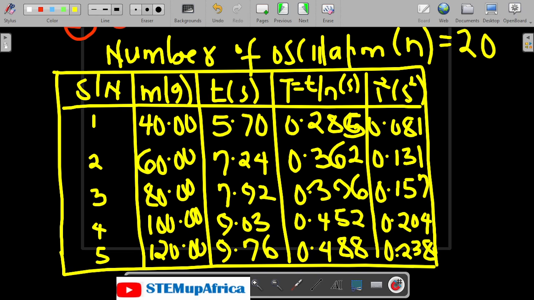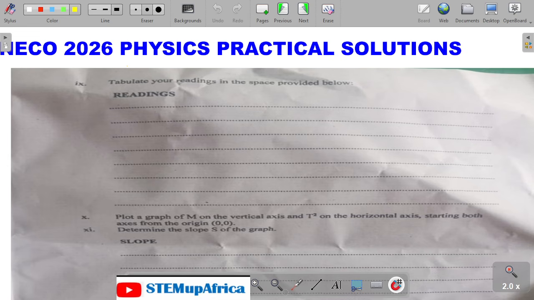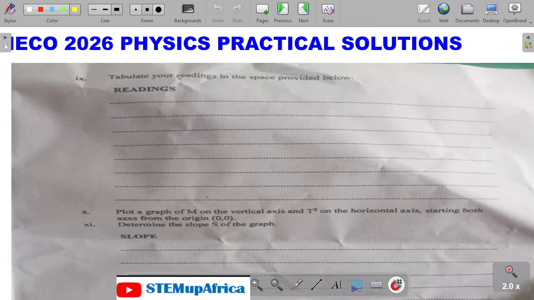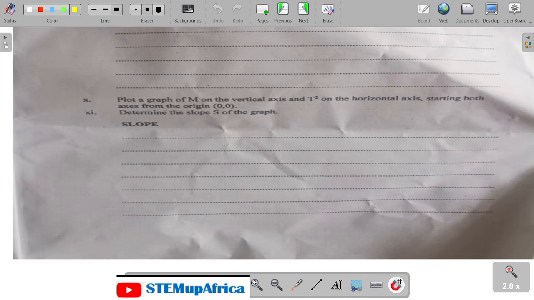So this is the table of values according to the question. Like I said, no joke, 100% accurate. So the next question, you have done that. You are asked next to plot a graph of m on the vertical and T squared on the horizontal, starting both axes from the origin 0, 0.